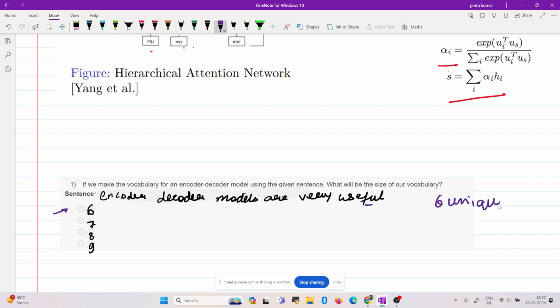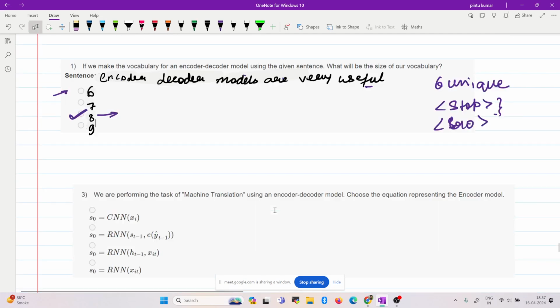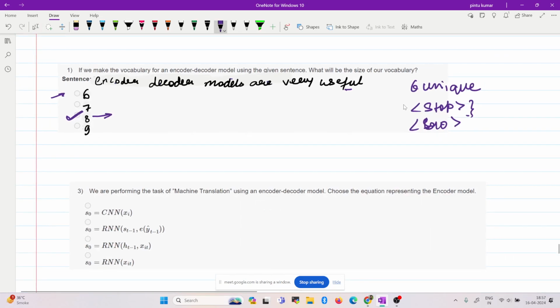But you should also train your model to predict stop, and you should also have the word start or go in your vocabulary. So 6 plus these two, there would be 8 unique words, so the size of vocabulary would be 8. If you have a similar question in this year's assignment, you can answer accordingly. So you should include your stop and go in the vocabulary.